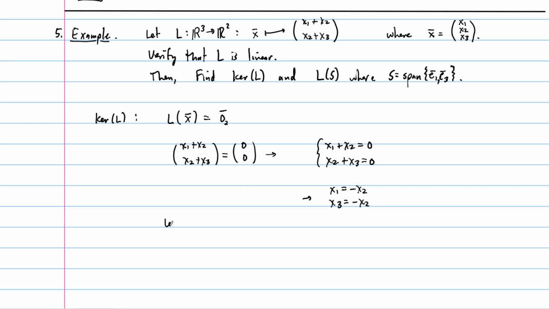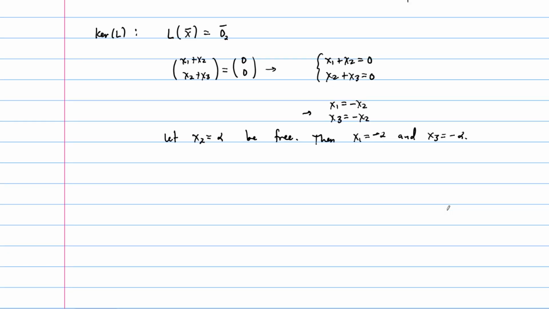And then we can let x2 equal, say, alpha. Let's let this be a free variable. So let this be free. All right, if x2 is equal to alpha, then x1 is equal to minus alpha, and x3 is also equal to minus alpha, right? All right, and then look what we get.